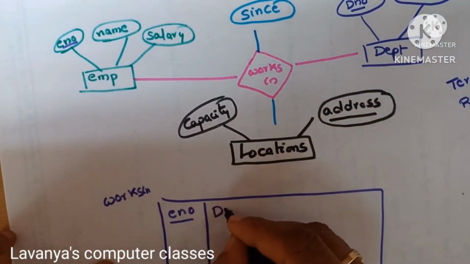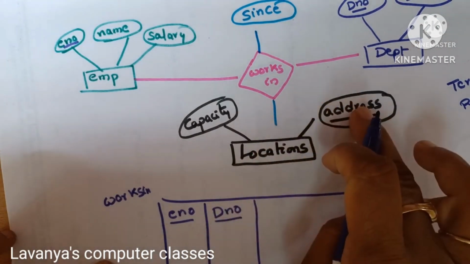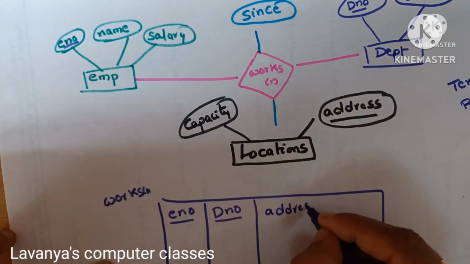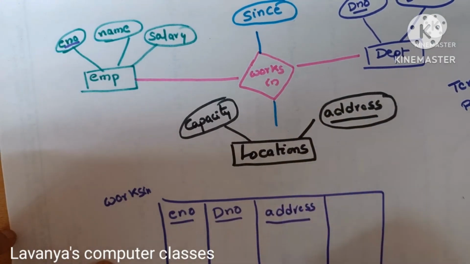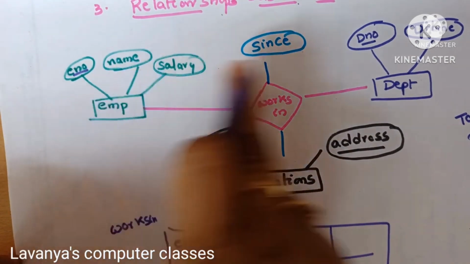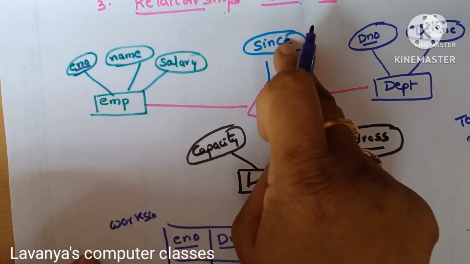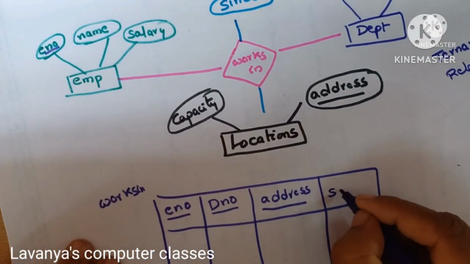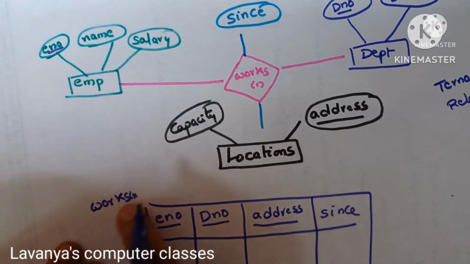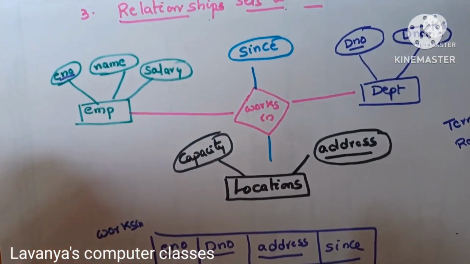In the department table, DNO, the department number, is the primary key, and in locations, the location address is the primary key. So consider all the primary keys of the three entities as three fields. Now we go for the works in relation. The works in relation has one attribute known as since. That attribute is also considered as a field. So this is the table of works in. This is the conversion of a relationship into a table.